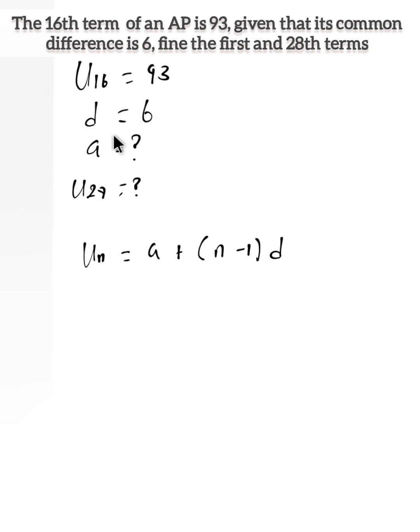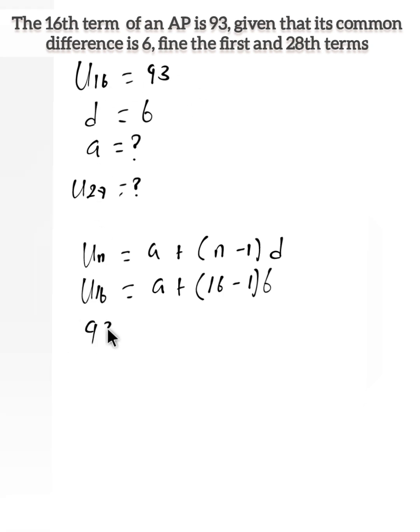Since we're given u16, we can work with u16. u16 is equal to a plus (n minus 1) d. In u16, n is 16, so it should be 16 minus 1 times d. d is 6, the common difference. Now u16 is equal to 93.